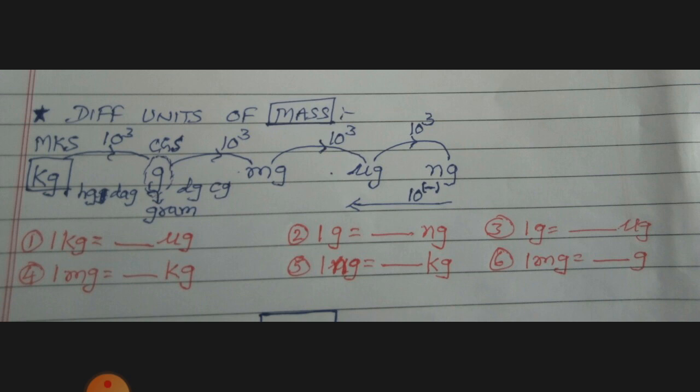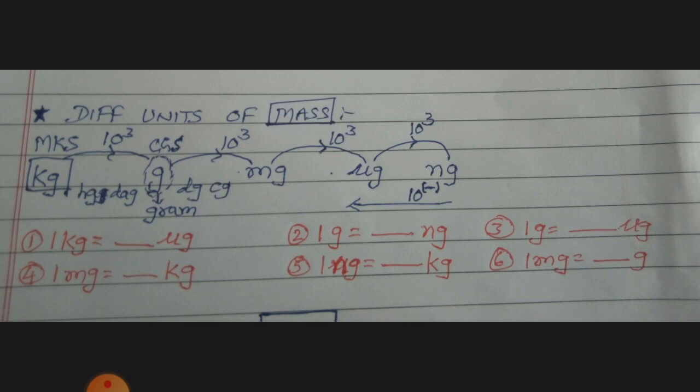Milli means 10 raised to minus 3 in the case of length, micro means 10 raised to minus 6 in the case of length, but in the case of mass it will be 3 powers more than that in the case of length, because here the MKS unit is 3 powers more. Kilo is the prefix used for MKS here, while in the case of length kilometer is not the MKS unit. So this difference of 10 raised to 3 will be there, which you have to take note of.